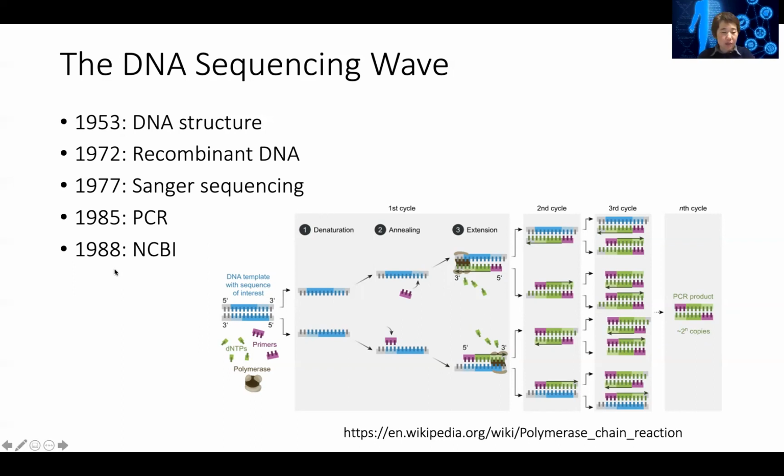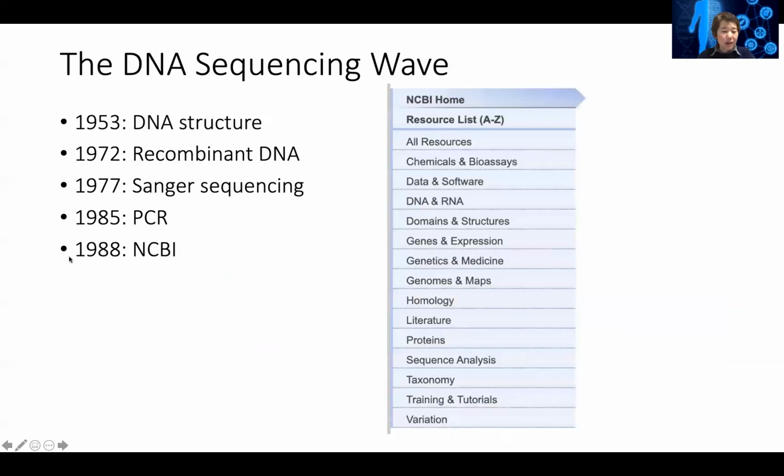And as we mentioned previously, the National Center for Biotechnology Information was started around 1988. If you go to the main NCBI website, which is from the National Institutes of Health, there are many useful resources here. From the software, you can see the BLAST algorithm for looking at queries. If you have a query sequence, you can compare it against a database, whether protein or DNA, and it will tell you whether other sequences look like your query sequence.